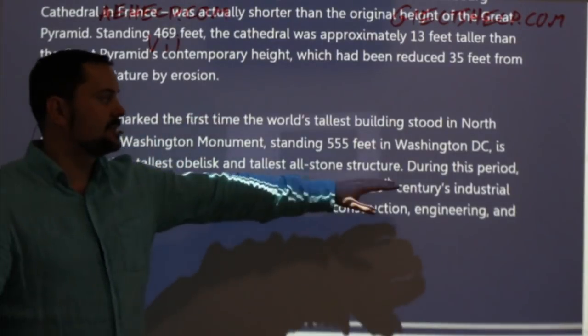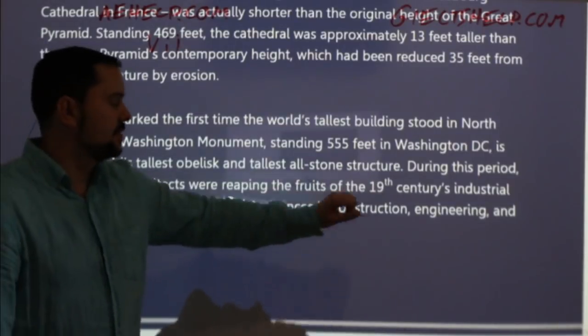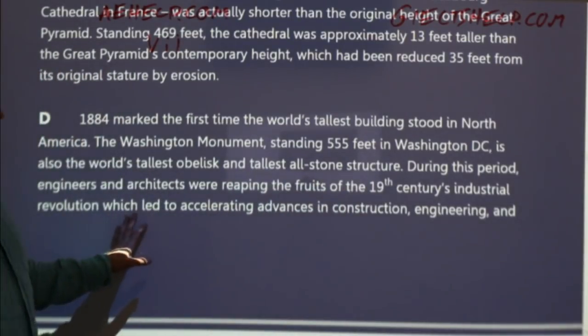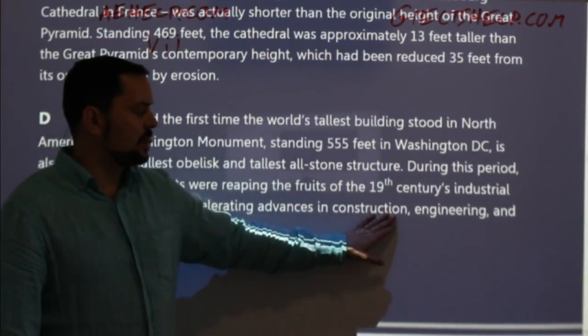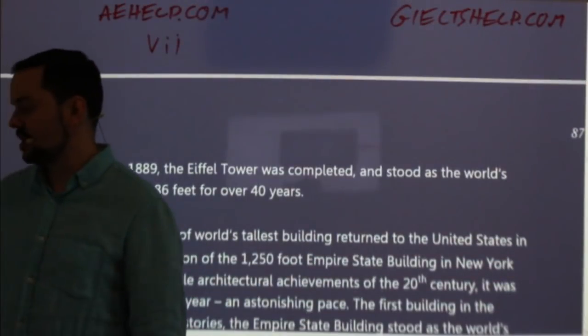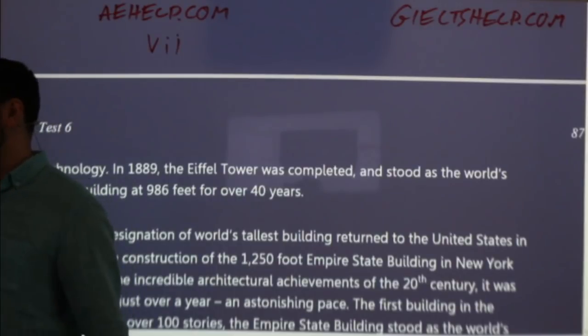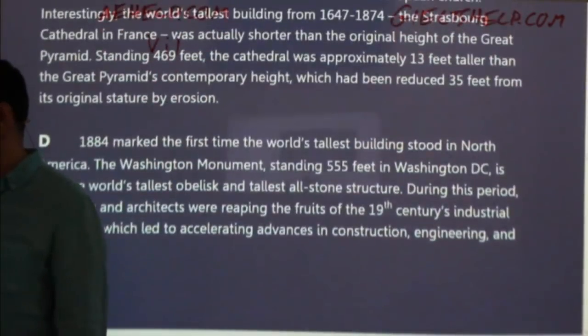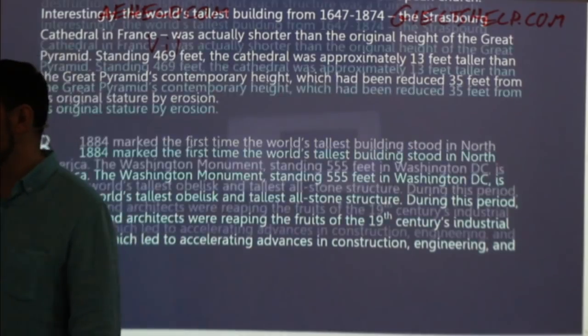Careful, it's not always that easy. So during this, engineers, architects were reaping the fruits of the Industrial Revolution, which led to accelerating advances in construction, engineering, and technology. Okay? So accelerating, acceleration, industrial acceleration, possibly. So let's go back there.